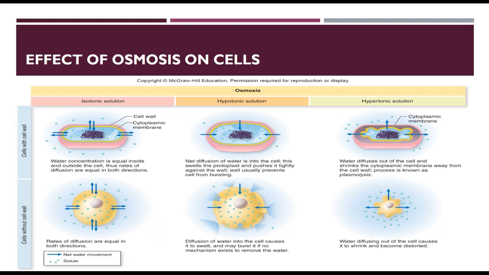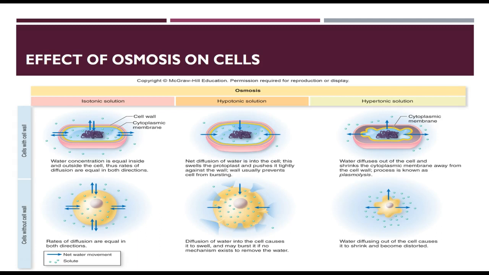We call this plasmolysis. In eukaryotic cells, the cell continues to shrink, it becomes distorted, looks kind of like an amoeba almost, that has a very irregular shape.